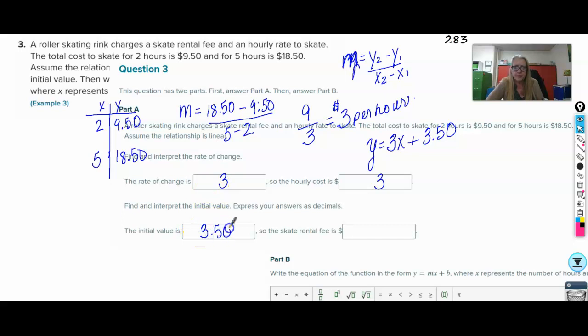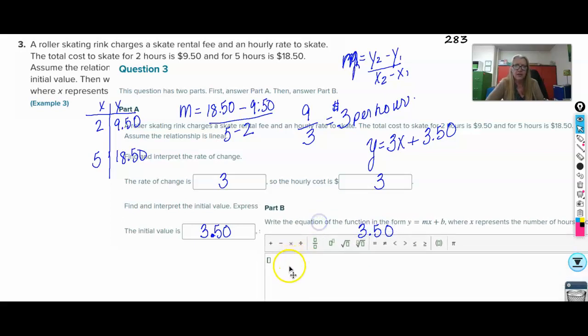It will accept 3.5. I checked that. So the skate rental fee is $3.50. Okay, and then you write the equation in this box. The equation is just y equals 3x plus 3.5, no spaces.